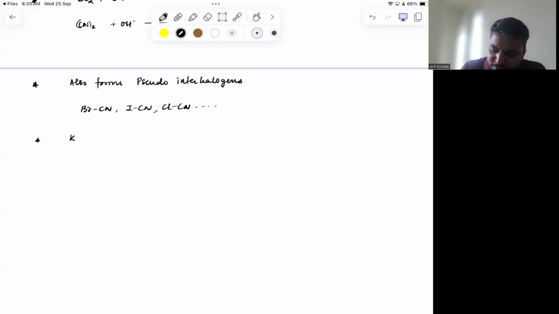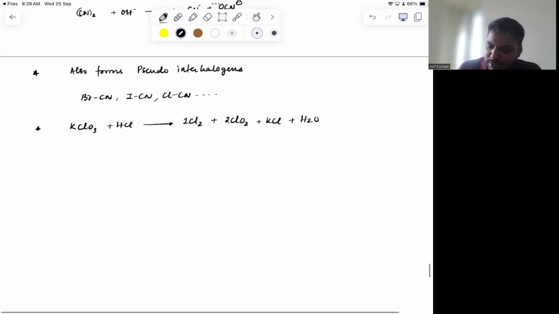Lastly, if you have something like KClO3 plus HCl, it gives 1 mole of Cl2 and 2 moles of ClO2, plus KCl and H2O. This is what is being formed. Here, basically, we will have a 2:1 ratio of ClO2 and Cl2, correct?